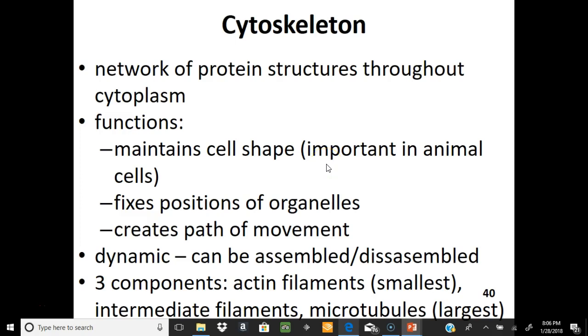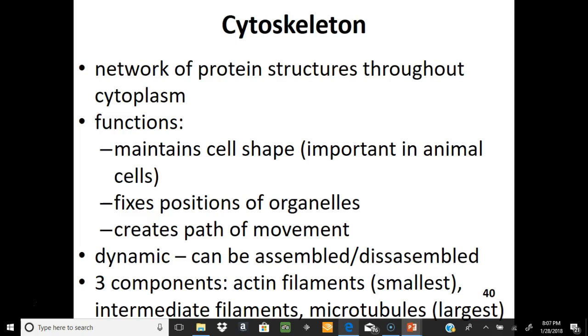So the cytoskeleton is our last organelle that we'll talk about, and the cytoskeleton functions in maintaining the cell shape. It functions in moving organelles to proper positions. It moves other substances within the cell, and it functions in the movement of DNA during mitosis and meiosis.